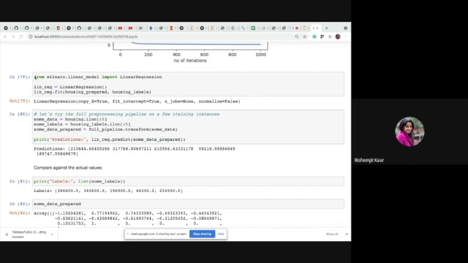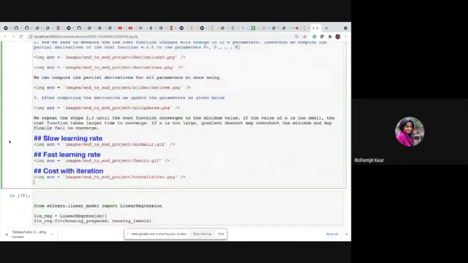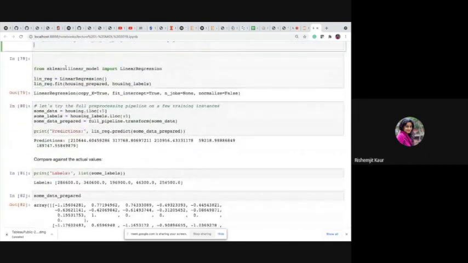What we have to understand here is that, in order to use machine learning algorithms in Python, there is a library called sklearn. From this library, we import the linear regression function. It's very simple to initialize these kinds of libraries.